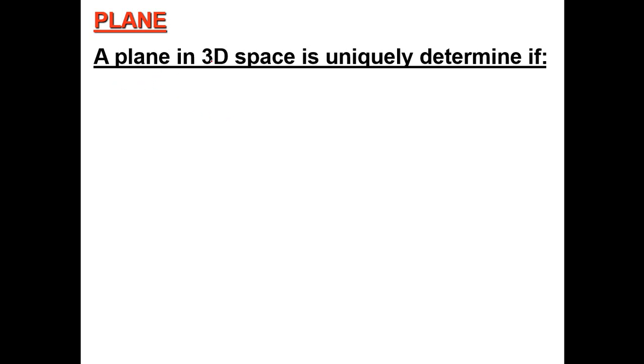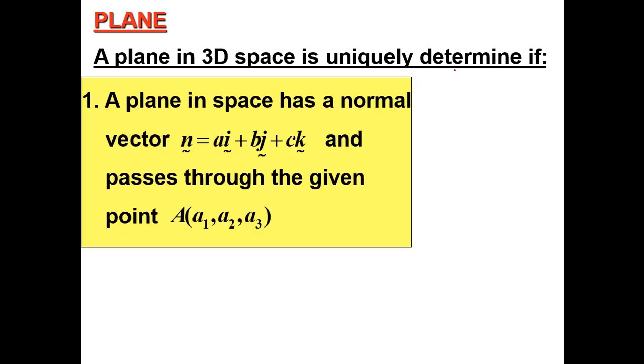Plane. A plane in 3D space is uniquely determined in two cases. First, a plane in space has a normal vector n, which consists of components ai plus bj plus ck, and passes through a given fixed point A with coordinates a1, a2, a3.